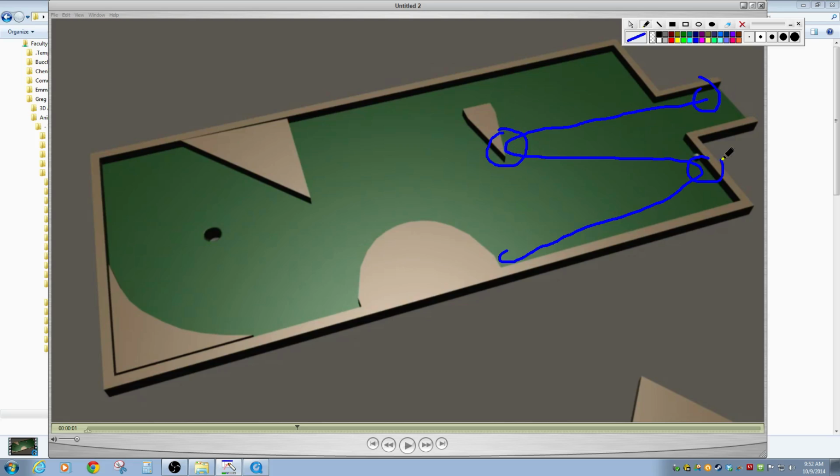As it gets closer to the wall it starts to slow down, and after it leaves the wall it speeds back up again. So it's traveling fast through these areas but slowing down at the points where it's going to contact the wall. That's what you have right now, and what I know you really need is for it to travel in a straight line.